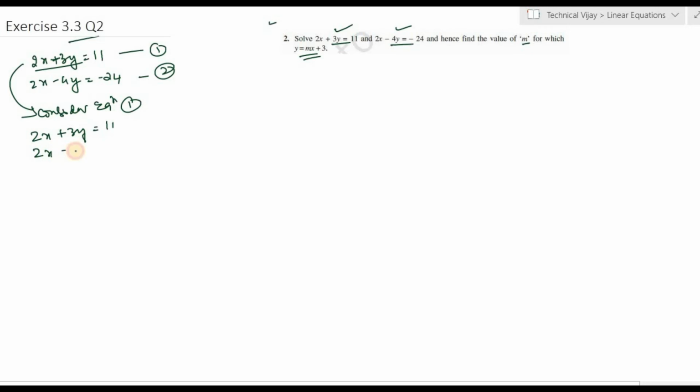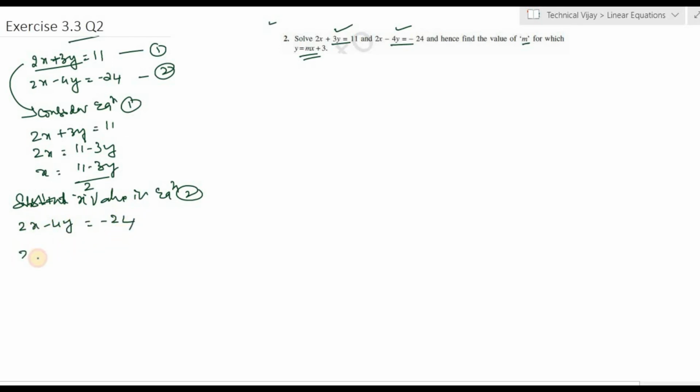So here in equation 1, 2x plus 3y is equal to 11. So 2x is equal to 11 minus 3y. So x is equal to 11 minus 3y divided by 2. So substitute the x value in equation 2. So I will write equation 2 here: 2x minus 4y is equal to minus 24. The x value we will substitute, 11 minus 3y divided by 2.